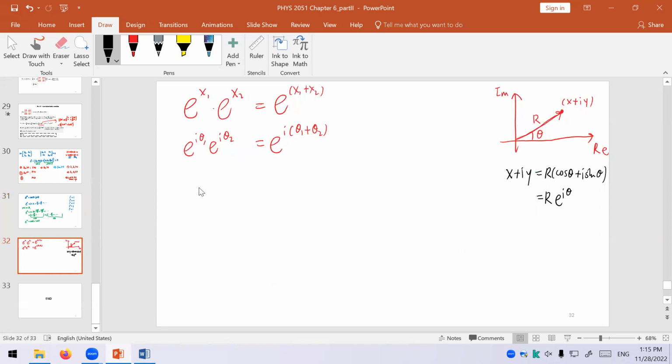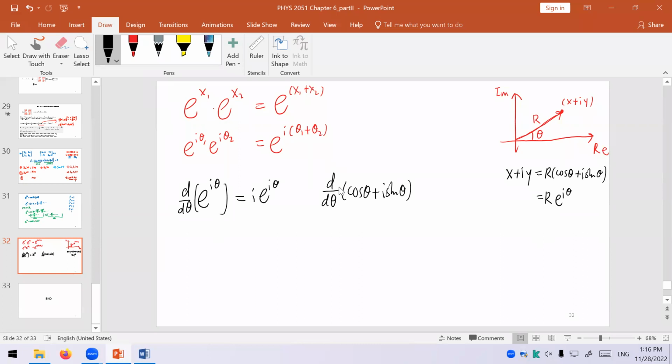And also you can do differentiation. If I have this e to the i theta, just treat it as a function of theta, and you can take the derivative just like what you do with an exponential function. So you will basically have i times e to the i theta. And you can compare, because e to the i theta is cosine theta plus i sine theta.